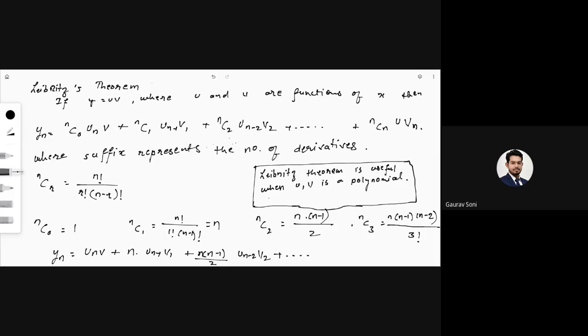Anyone? Should u be the polynomial or v? What is the important thing about a polynomial? What remark can you make when you take the derivatives of a polynomial? So u should be polynomial, because otherwise it will become zero.